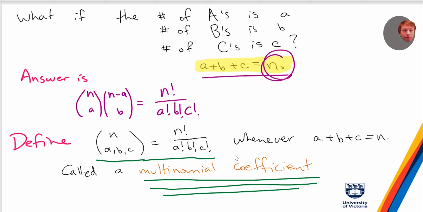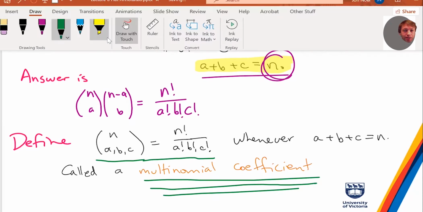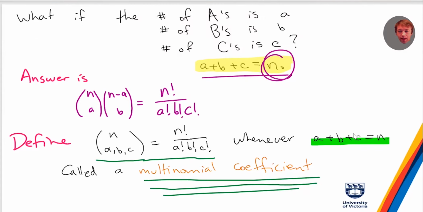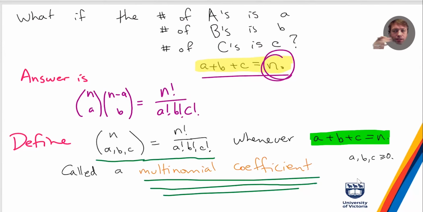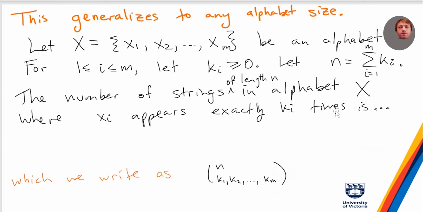This is only defined when a plus b plus c is n, and also when a, b, and c are non-negative integers. So are these definitions clear? This is just notation, this is what this means. We call these things multinomial coefficients.